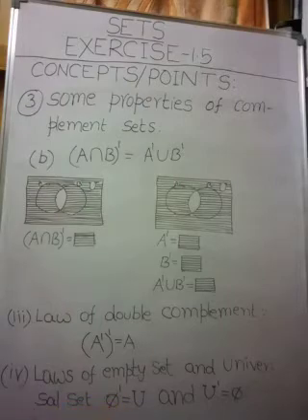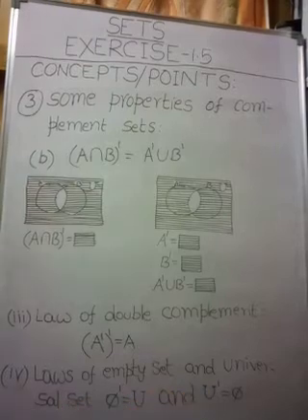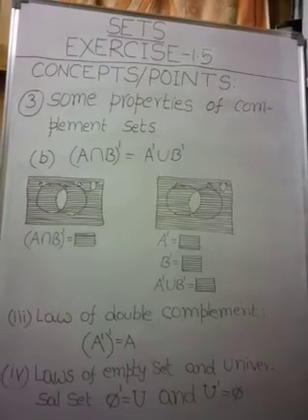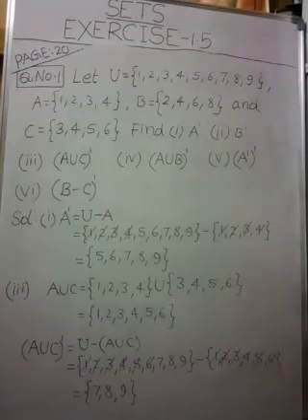Phi complement, or phi dash, is equal to the universal set, and U dash, the universal set complement, is equal to phi. Okay, my dear children, these are some properties of complement sets. Is it clear, my dear children? Right.